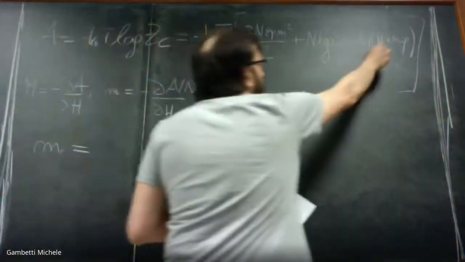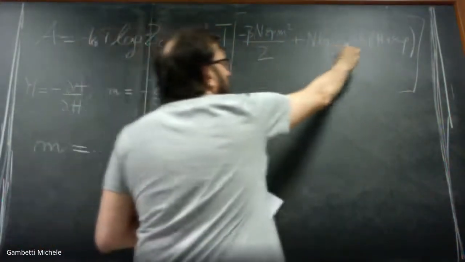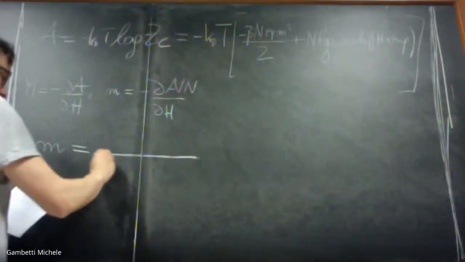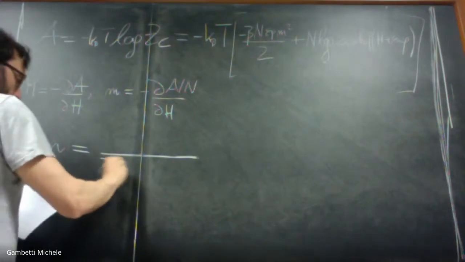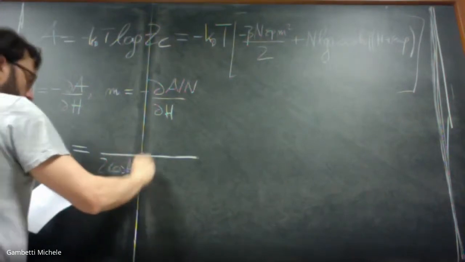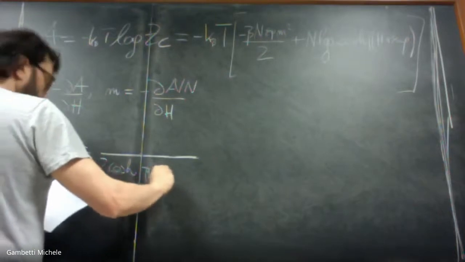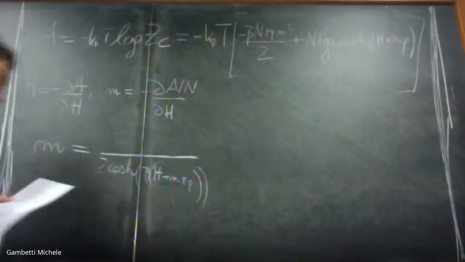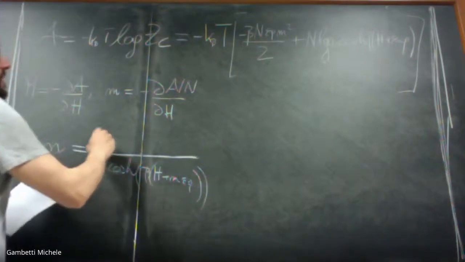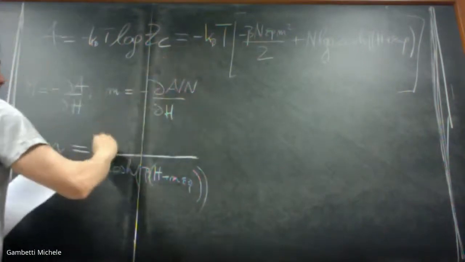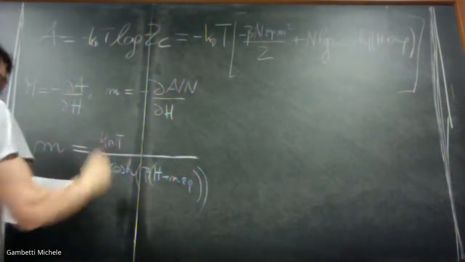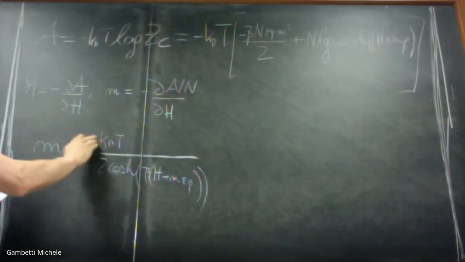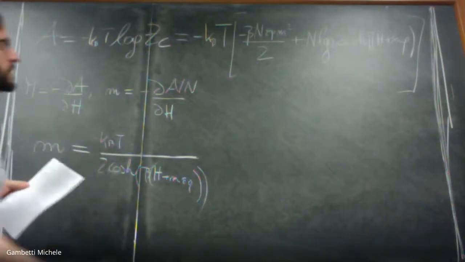I just have an h here, so you have 2 cosh of beta, h plus m epsilon q, and then I have a k_B T, which was there, with a minus, but then I have another minus from here, so they cancel.